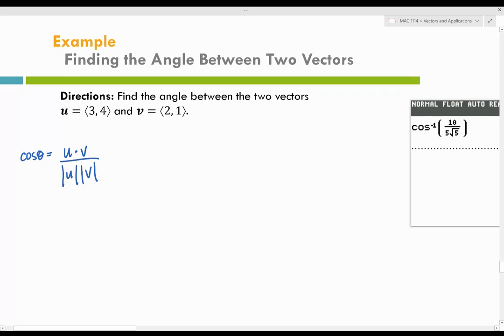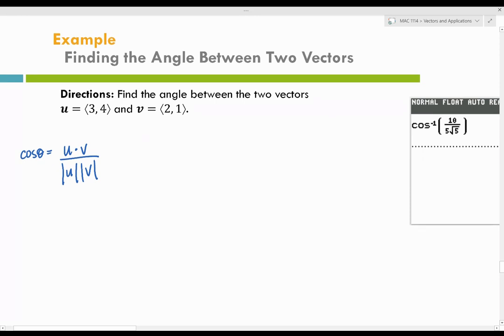The first thing I'm going to find is the dot product. I multiply my two horizontal components together, multiply my vertical components together, and then add them. So 2 times 3 is 6, 4 times 1 is 4, and 6 plus 4 is 10. That's the top part.